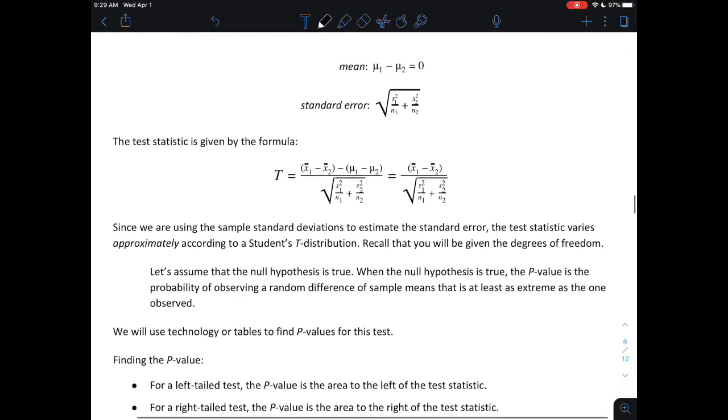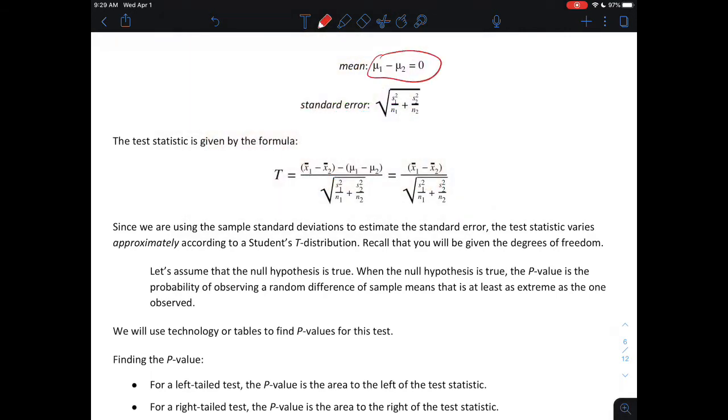The test statistic is given by the formula capital T for our T statistic. Here we see the difference in sample means minus the difference in population means divided by the standard error. But also notice that since we have the mean, mu1 minus mu2, equal to 0, this comes from our null hypothesis.